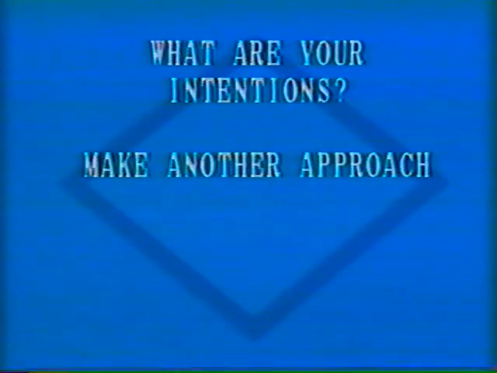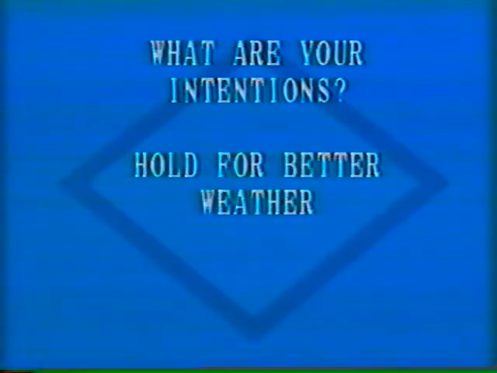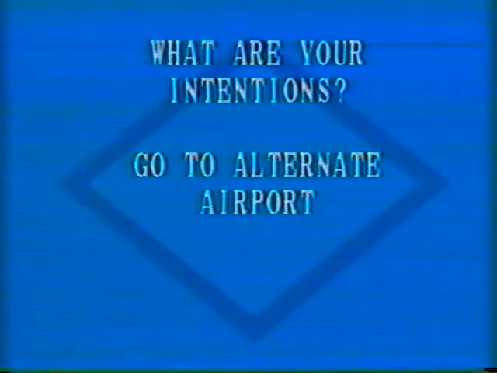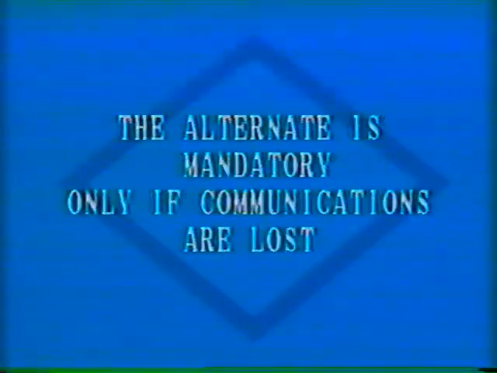Now, any action is available to you. You can make another approach, you can hold for better weather, or you can hold to check weather at nearby airports. You can return to the departure airport, or you can go to your alternate airport. But remember, the alternate is only mandatory if communications is lost.